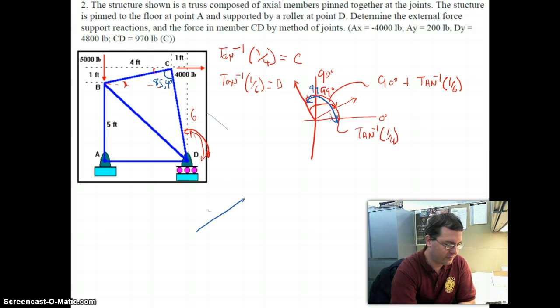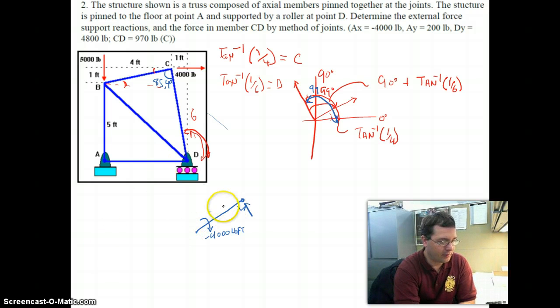So here's component BC, and I know that it's got this moment about it, 4,000 pound-feet. And actually, it's negative 4,000 pound-feet because it's in the clockwise direction. What I have to do is produce a reaction that is perpendicular to that and sufficient to counteract that moment.